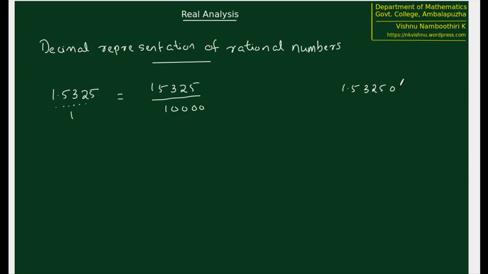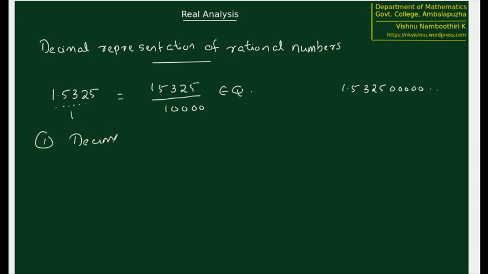because 1.5325 can be actually written as 1.5325 followed by 0, 0, 0, etc. So only zeros are remaining after a finite number of positions after the decimal point. Then this is definitely going to be a rational number. So decimal representations that are terminating are always going to give rational numbers. That is observation number 1.